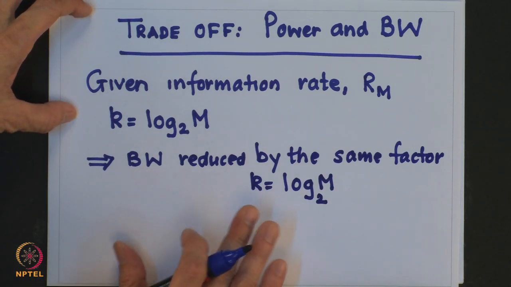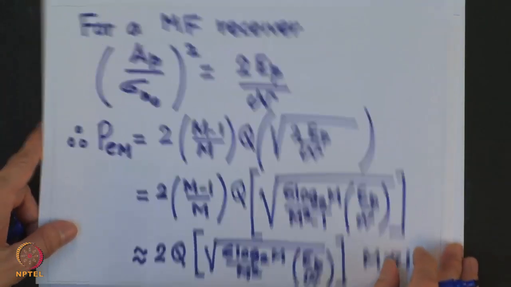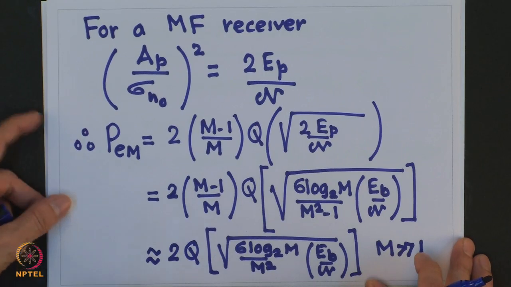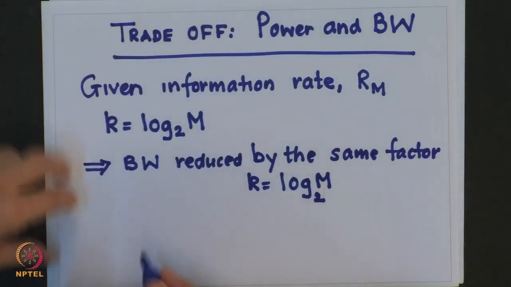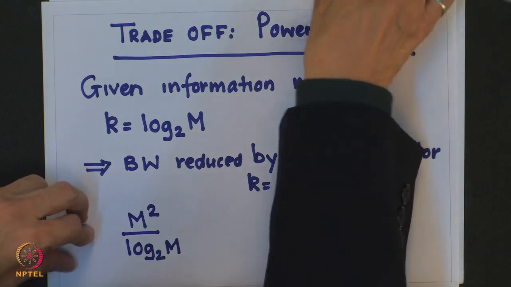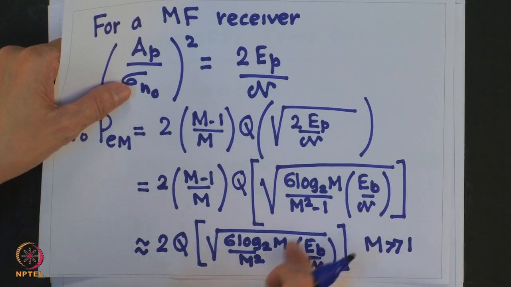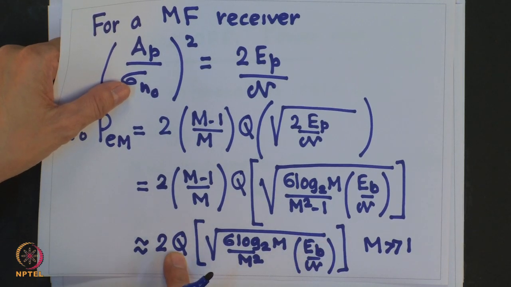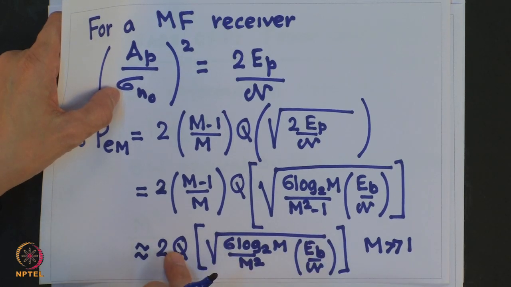But if you want to maintain the same probability of error, the power transmission per bit, which is proportional to the energy per bit, also has to be increased. Look at this expression. That increase is going to be M squared by log of M to the base 2, this quantity. If you want to keep this the same, Q is a decreasing function, so as you keep on increasing this, this will fall.